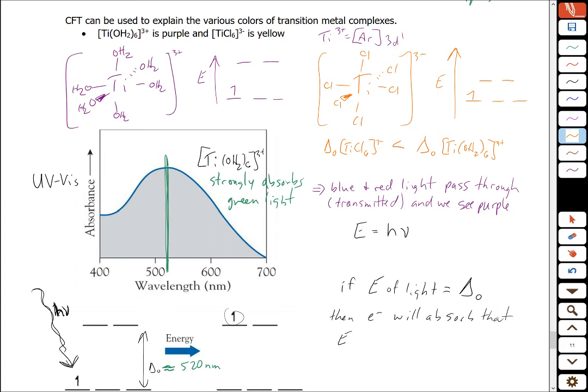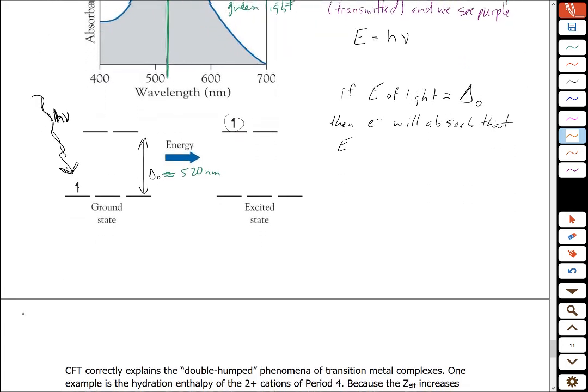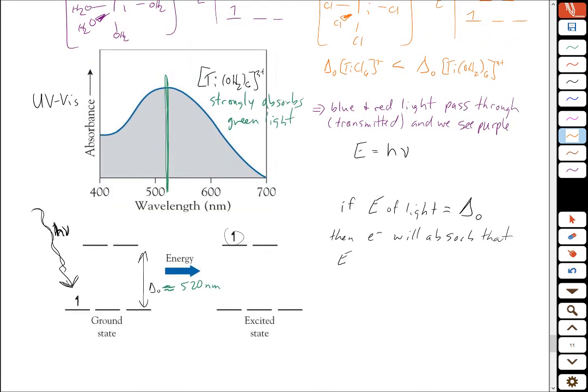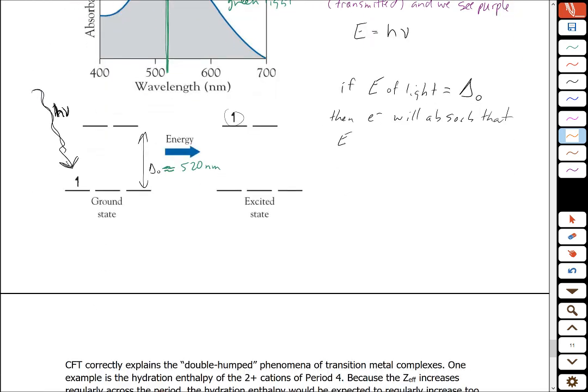But that color of that complex is a function of the energy of the splitting of the d orbitals that tells us what color of light is being absorbed. Okay? We will come back to this. We'll see this a couple other times where we'll talk about the colors of things and how it relates to the splitting of the d orbitals.